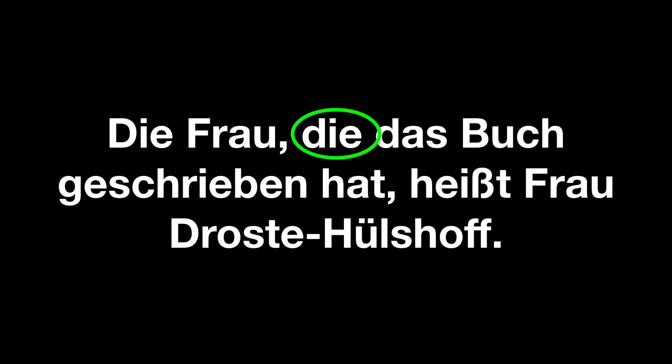So the woman who has written the book is named Frau Droste-Hülshoff. So you got two der die das words in a row, but the first one means who and the second one means the. The woman who, die Frau, die das Buch geschrieben hat, the woman who has written the book.